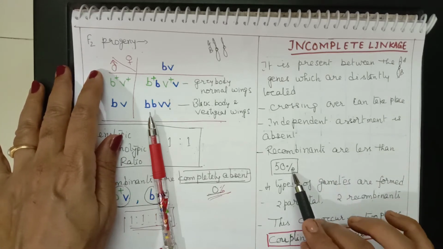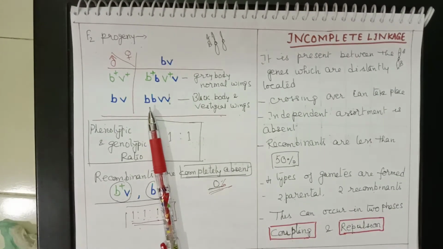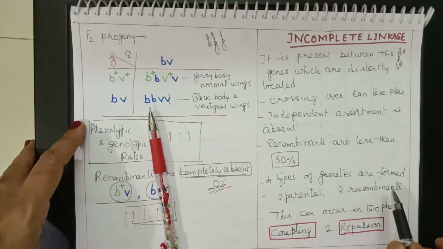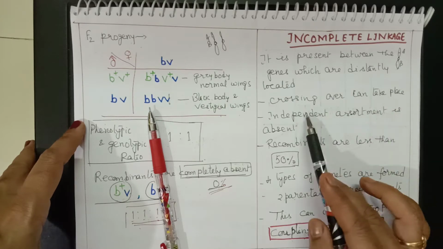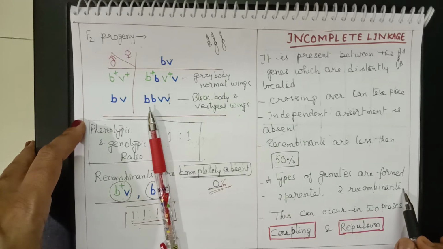Recombinants are less than 50%. In the previous complete linkage, we find there are no recombinants at all. But here recombinants are less than 50%. Four types of gametes can be formed here because there is a crossing over. Two are parental and two are recombinants.